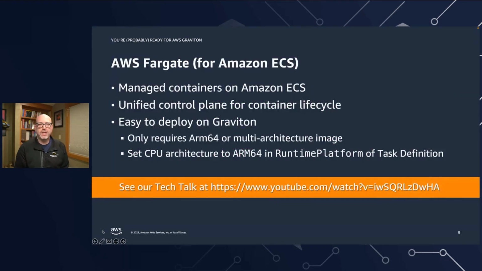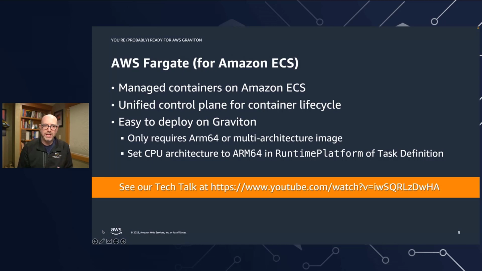So the easiest way to use Graviton is through managed compute. Just like with AWS Lambda, we have the ability to run containers on managed compute on AWS as well. And that's through AWS Fargate for Amazon ECS. As I said, Fargate is all around running containers using managed compute on Amazon ECS.